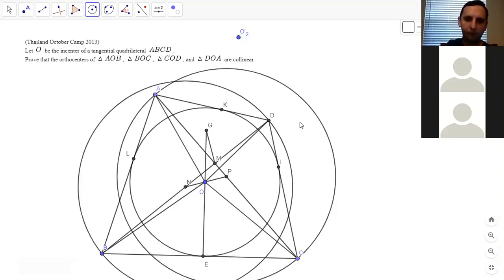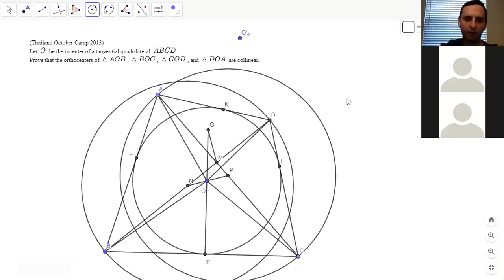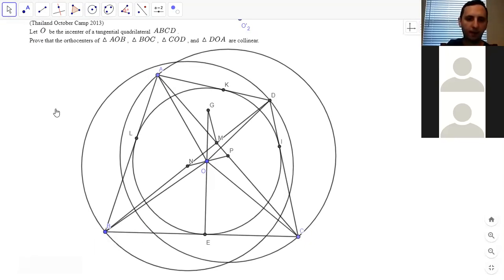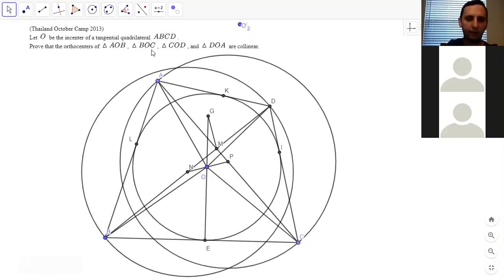I was just thinking of it. Oh, really? Yeah. Can you draw the radical axis? Maybe this is through a special point.